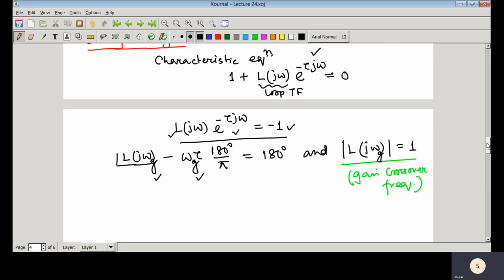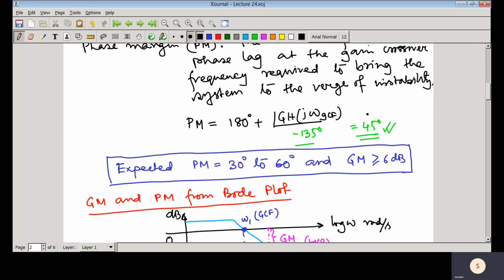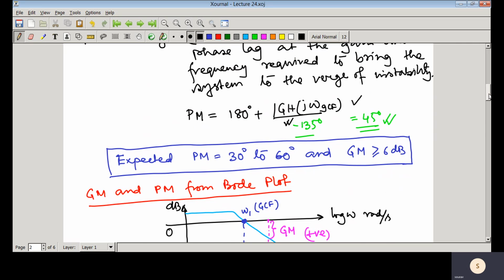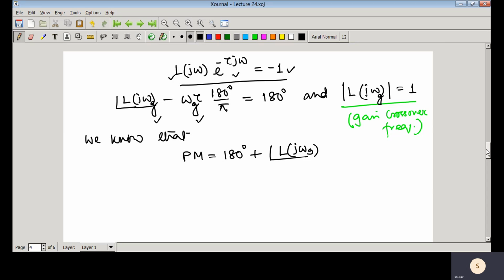Now if you look at the phase margin definition, the phase margin is equal to 180 degree plus the angle of the loop transfer function at the gain crossover frequency. GH is the loop transfer function, which I have mentioned here as L. So we know from the definition that phase margin is equal to 180 degree plus the angle of L j omega g, where omega g is the gain crossover frequency.